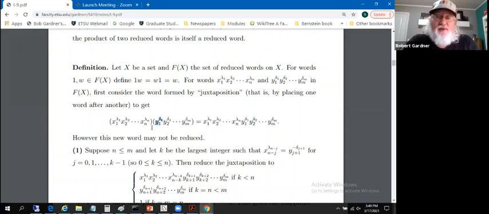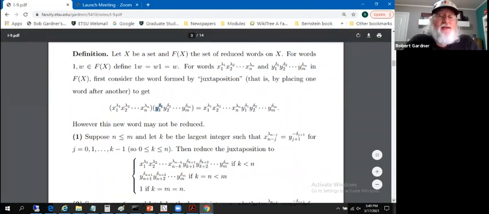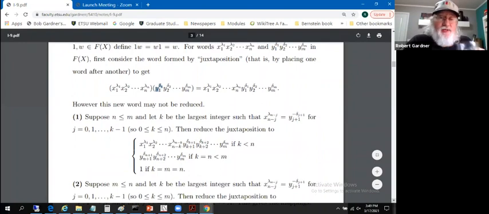These could be inverses of each other, possibly. Well, actually, then the second to the last one over here could cancel with the second one over there and so forth. So what we have here is not a reduced word necessarily. So we need a process by which we'll reduce it.